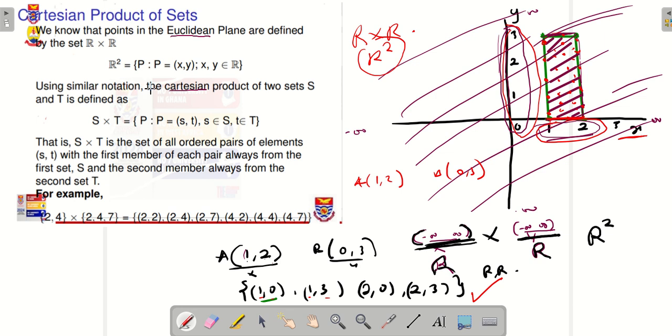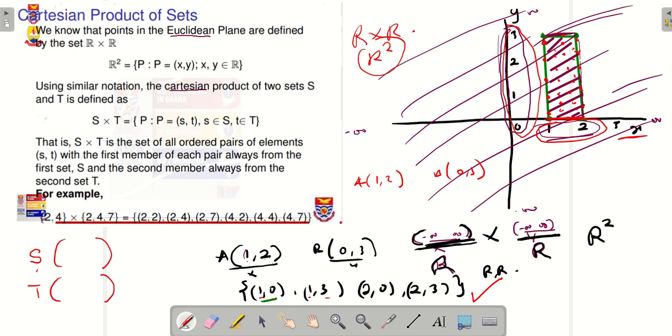Using similar notation, the Cartesian product of two sets, S and T, is defined as follows. Assume that S contains some elements, and T also contains some elements. So S cross T is equal to P, such that P is equal to (s, t).